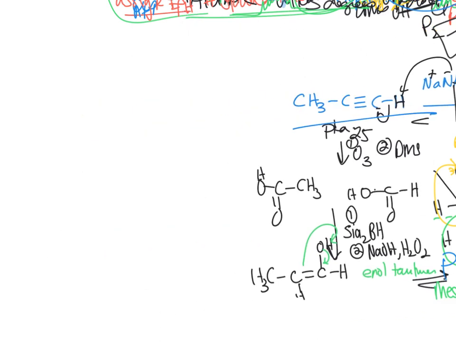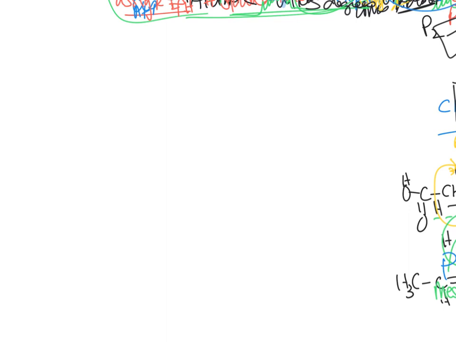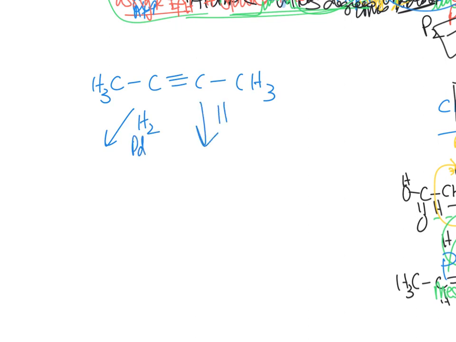And then the other one you want to look at is the reduction. So let's look at an internal alkyne. Okay, so let's do three reactions. If you use, a lot of people put Lindlar's catalyst. You know, this is kind of like cooking.